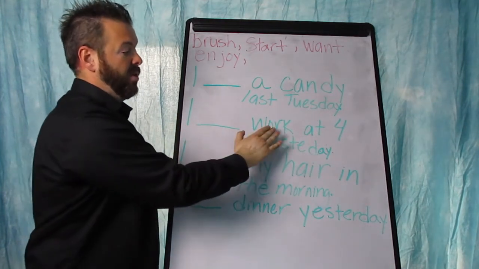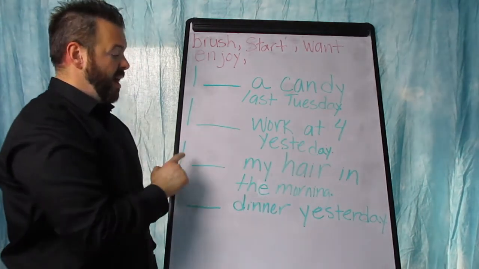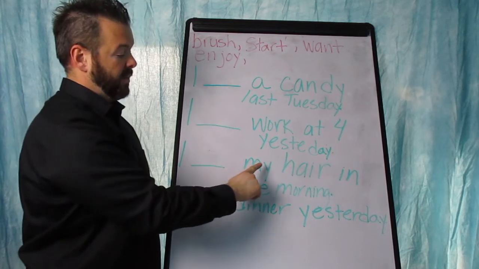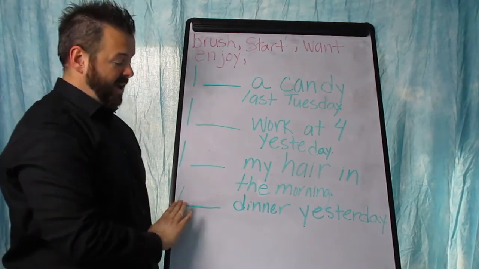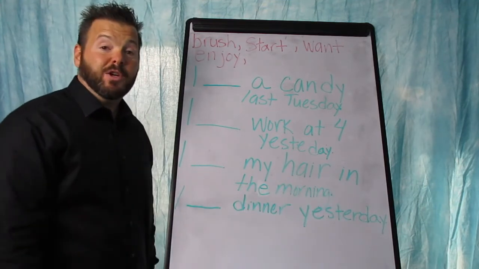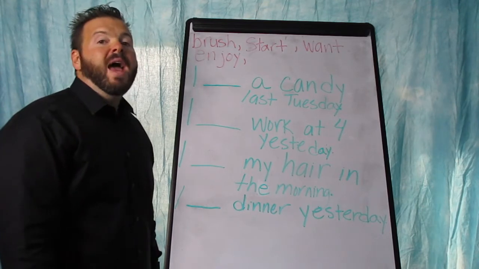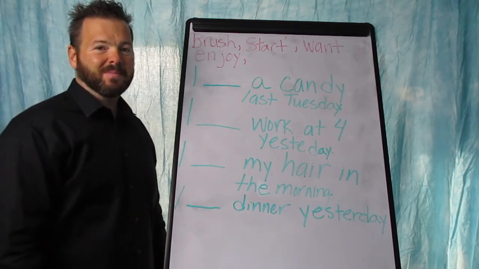I, work at 4 yesterday. I, my hair in the morning. I, dinner yesterday. Pause the video here, write everything down, and when you come back, we'll complete the sentences together.